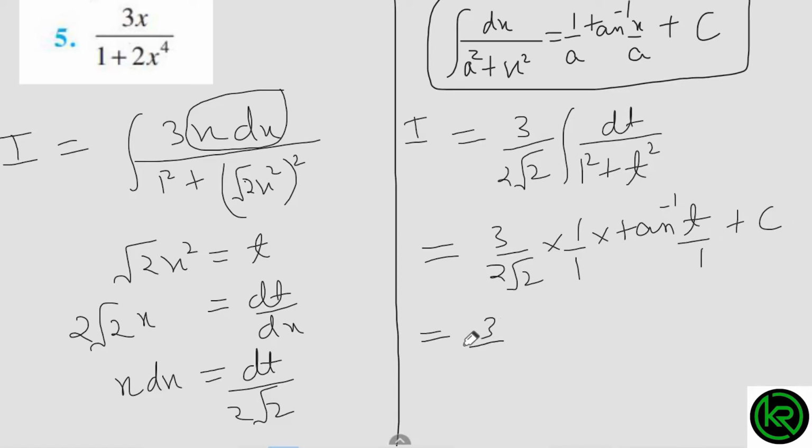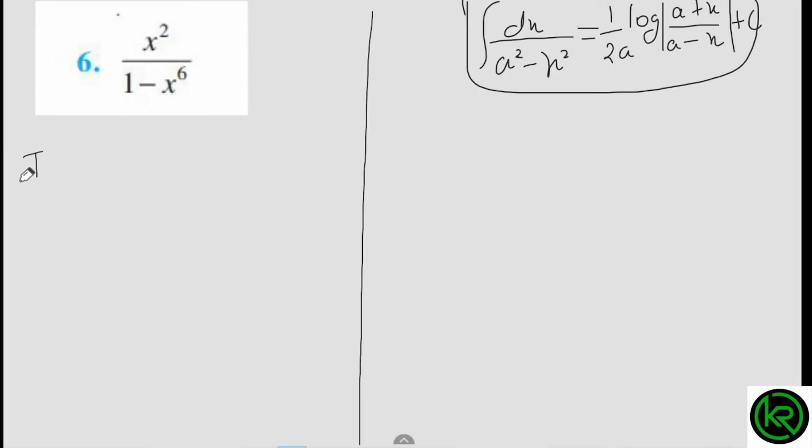So our final answer will be, t we have taken as root 2 x square, so we will get tan inverse root 2 x square plus c.